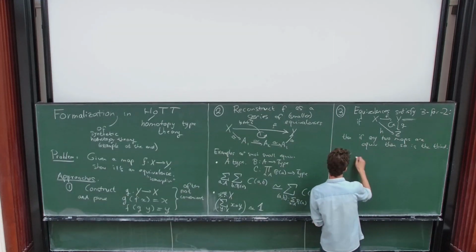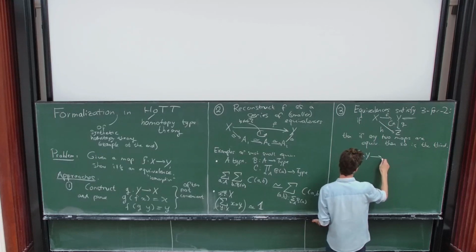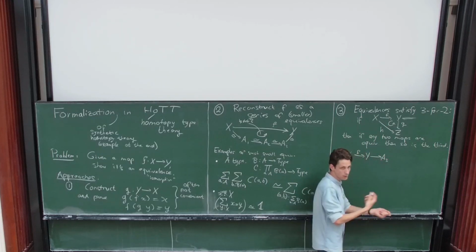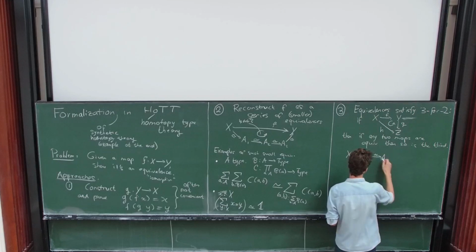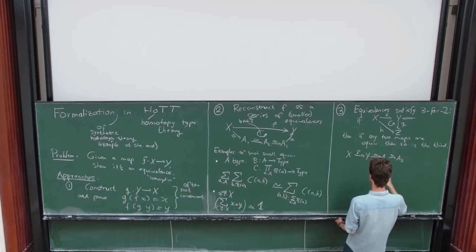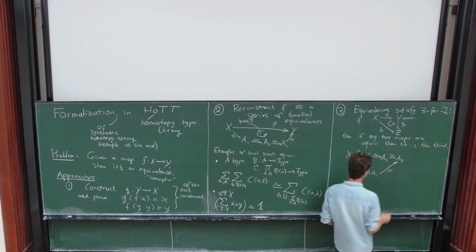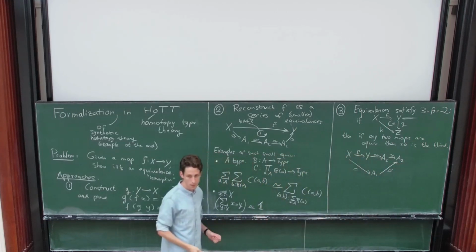So you might have F going here, and then maybe you go down, because these are equivalences anyway, right? So I might as well just invert them like this, and then maybe here into A2, and then A1 here. Right? Maybe I prefer to set things up this way.